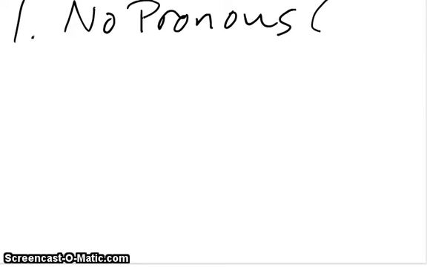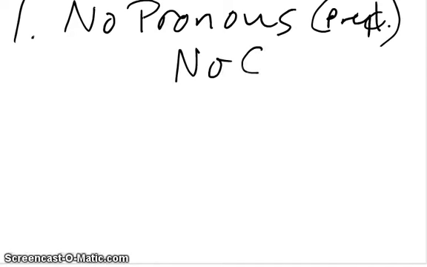When we replace pronouns in German, there are 3 rules we need to remember. The first one is when we have no pronouns used in the predicate. So if we have no pronouns used in the predicate part of the sentence, no pronouns, no change.